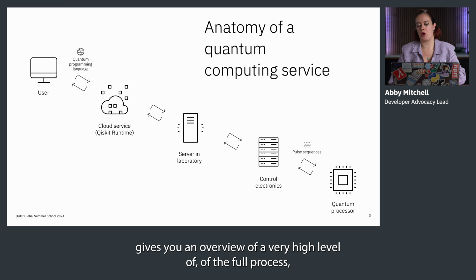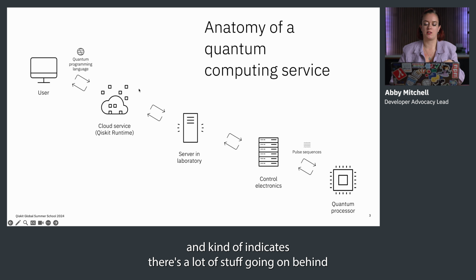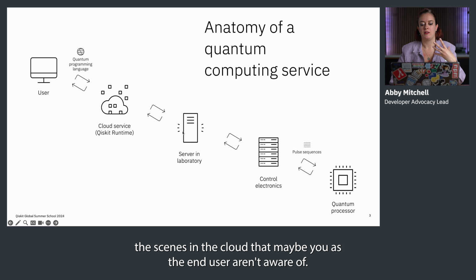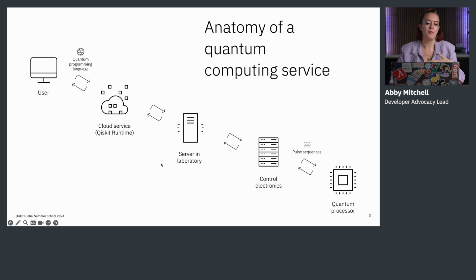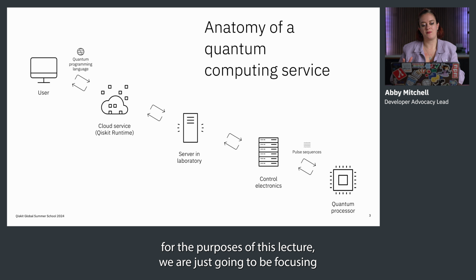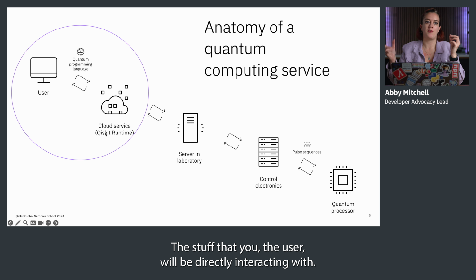So this gives you an overview at a very high level of the full process, and indicates there's a lot going on behind the scenes in the cloud that maybe you as the end user aren't aware of. For the purposes of this lecture, we are just going to be focusing on this section, the stuff that you, the user, will be directly interacting with.